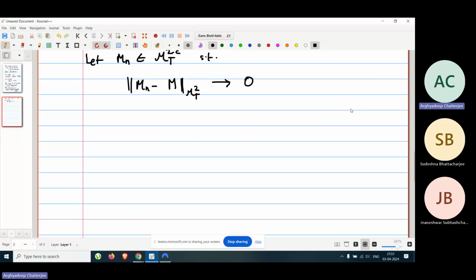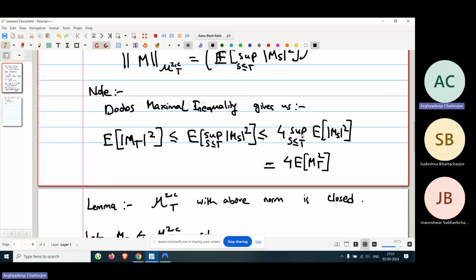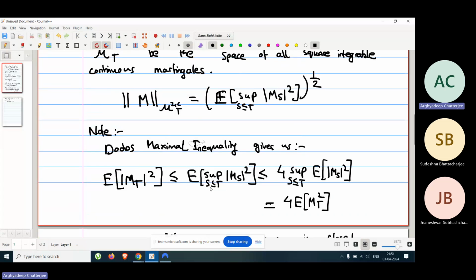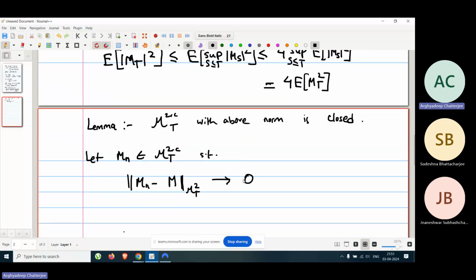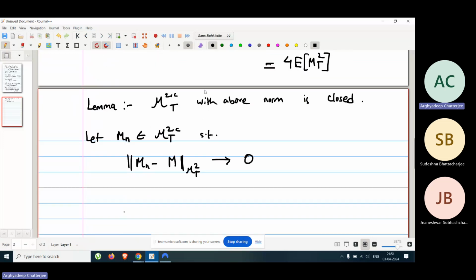So we can find a subsequence Mnk, such that, since we were taking the expectation of the supremum over s from 0 to t of Ms squared, if we have convergence almost surely, we can drop this expectation.